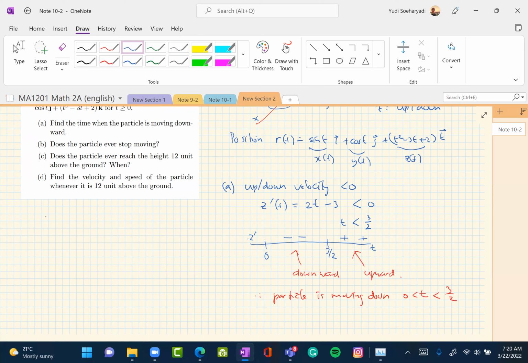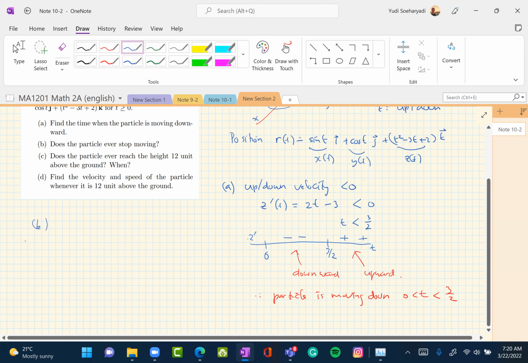And part B: does the particle ever stop moving? Well, that is the question about when all the components are 0 at the same time.